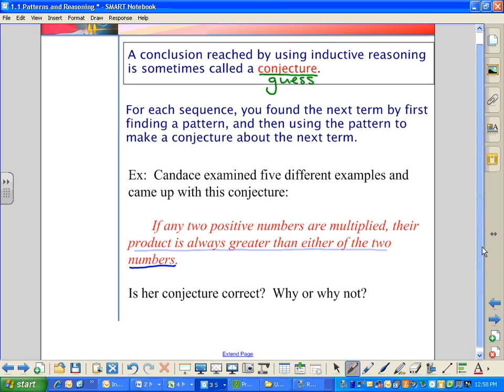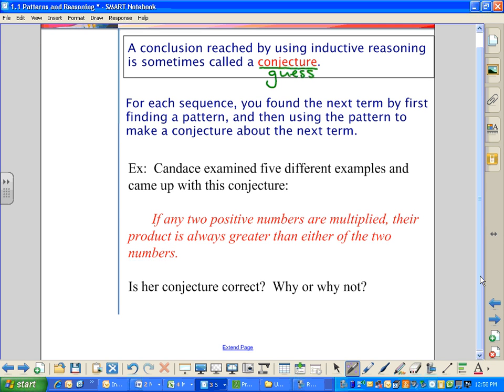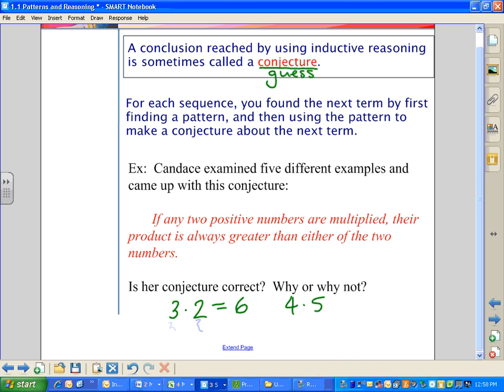So what Candace is saying is that if we take two numbers, for example, 3 times 2, and we multiply them together, we get a number like 6. And she's saying that 6 is greater than either of the two numbers that we started with. In this example, that would be correct. Another example might be 4 times 5. And 4 times 5 is 20. And 20 is greater than 4, and it's greater than 5. So this is another example where her conjecture is correct.